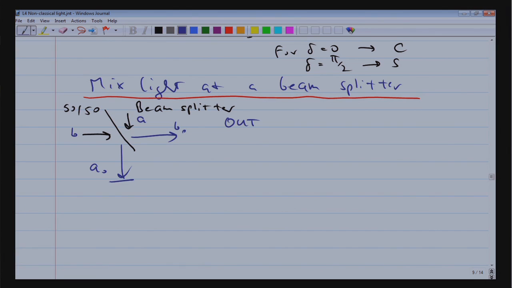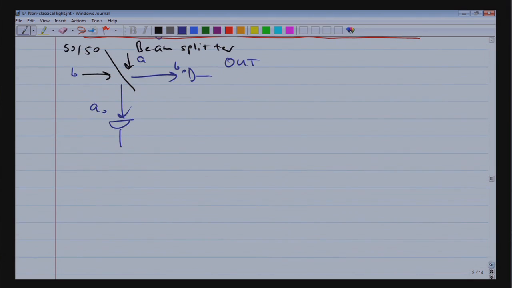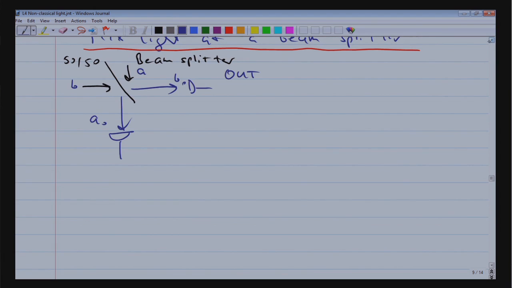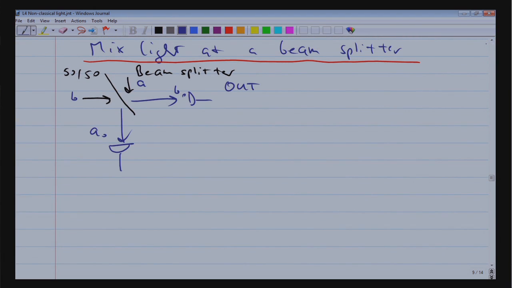And what we measure is the output of the beam splitter. So we have two photodetectors, and we measure the output.